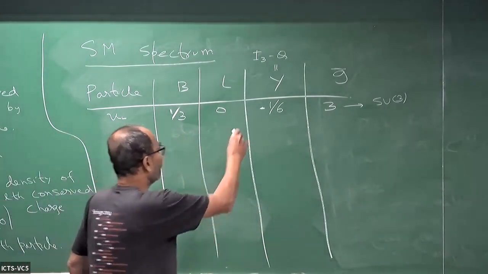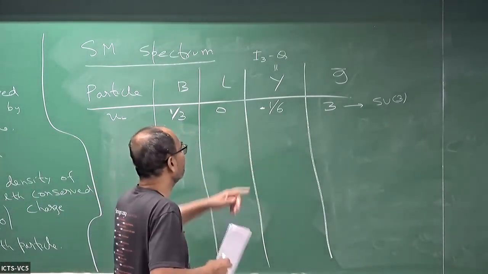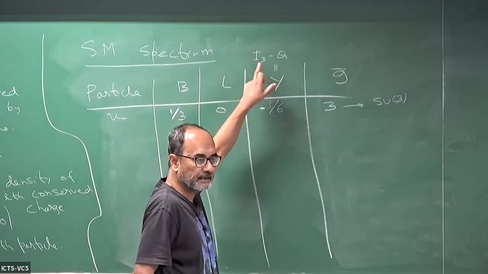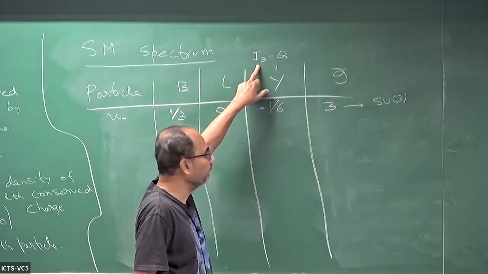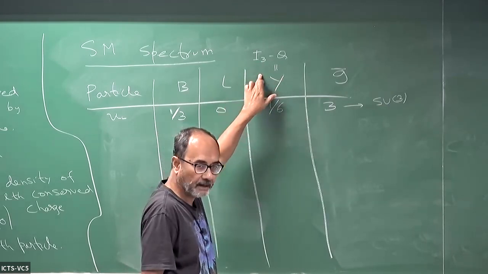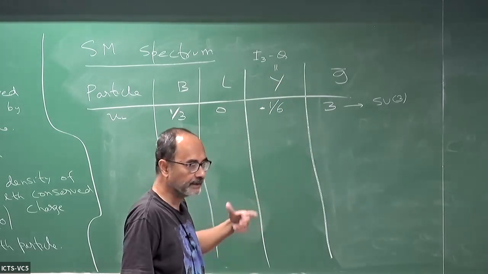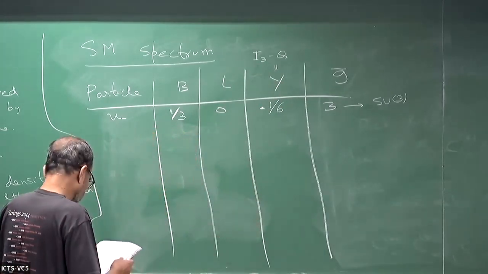So this minus 1/6 basically is a result, if you calculate from this formula, half minus 2/3. The I3, U is the upper component, so I3 is half, and the charge that U carries is 2/3. That's where this minus 1/6 comes from. So DL.